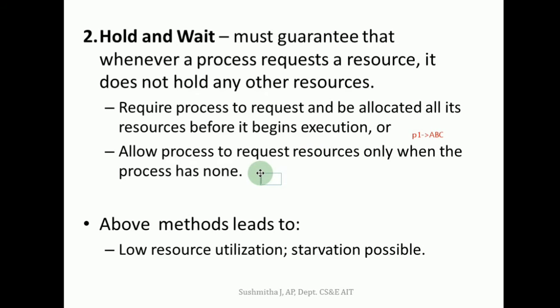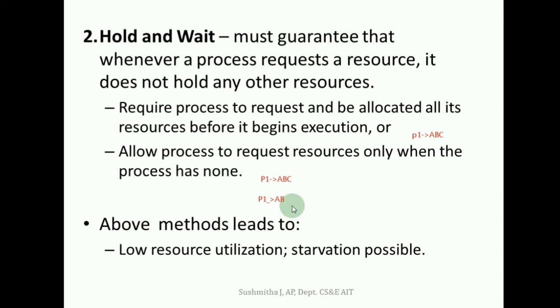Now the second one tells that if process P1 needs A, B, C again, and process P1 is, for example, holding A and B, fine. Now process P1 wants C to complete its execution.